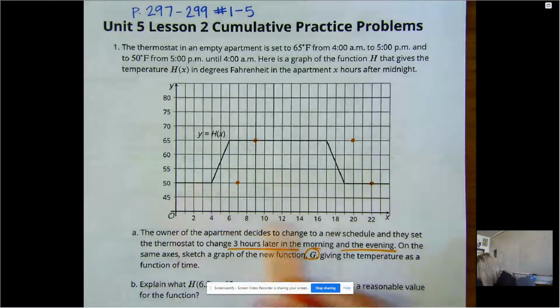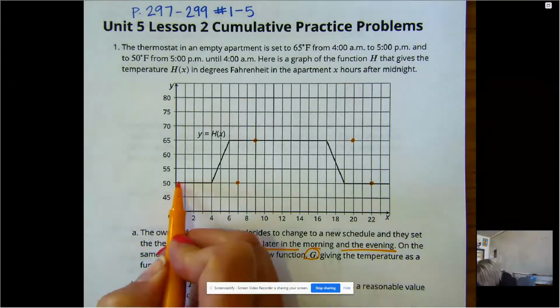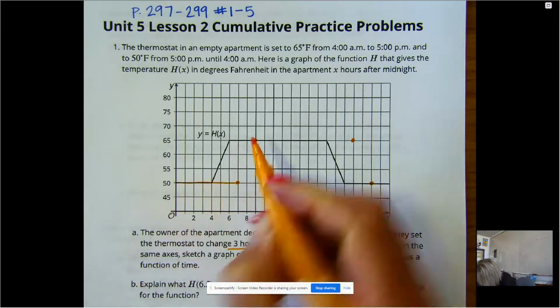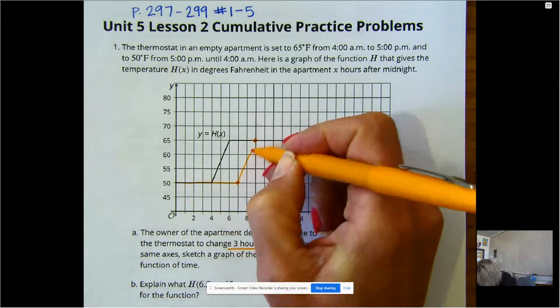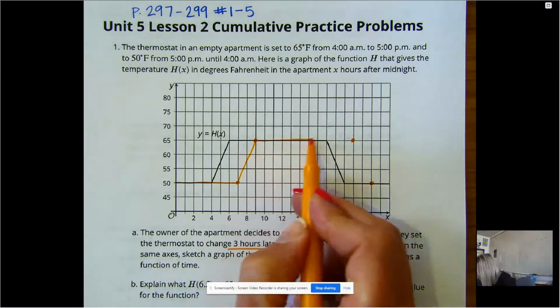Okay, so our second function, g of x, being 3 hours later at each point, would look like that.